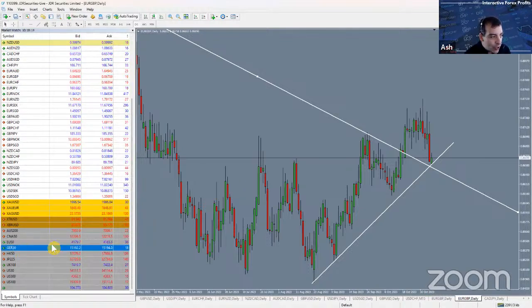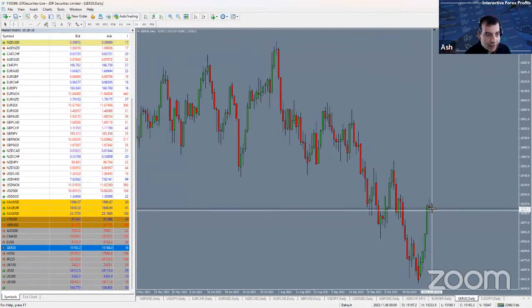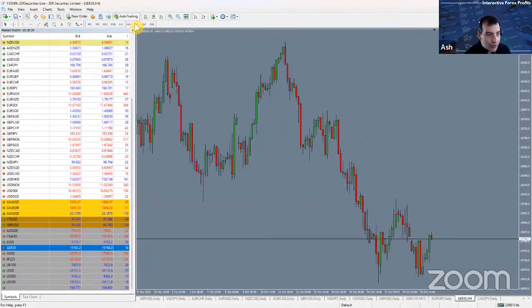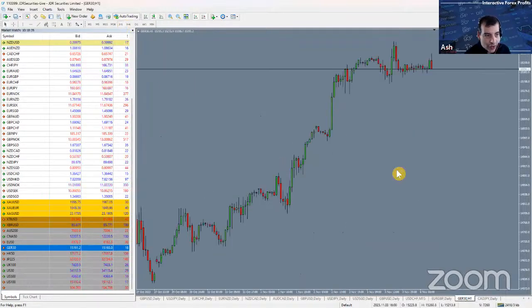I'm looking at the German 30 and saying, okay, this needs some downside. I look at this and I say downside, but this is just a little range in here, which at this stage you could argue is more of a bull flag than anything else. So until we see signs and signals on a 4 hourly or on an hourly that this particular area is breaking down, then I'm in holding territory.